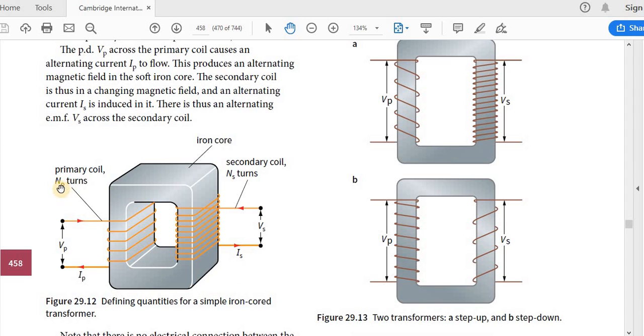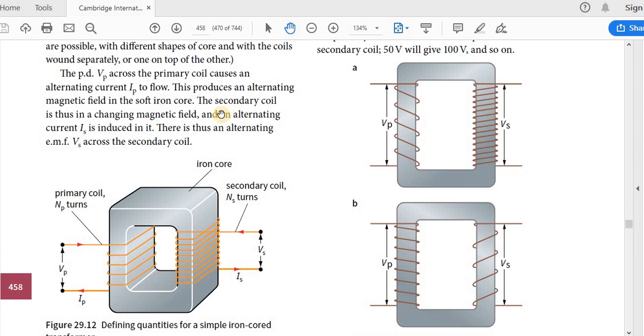We can also call this the input coil. Then you have to use NI, VI, II. And here this will then be the output coil. So NO, VO, IO, with O for output. Some books, some papers say primary coil, some papers say input coil, so you have to know both names.